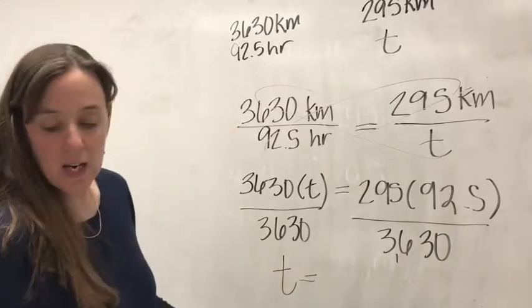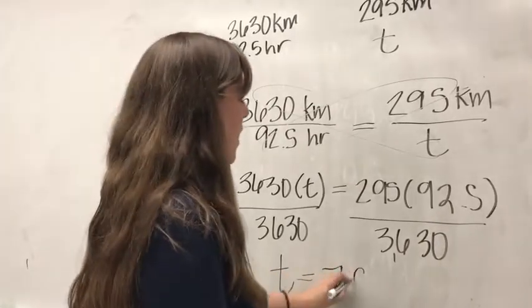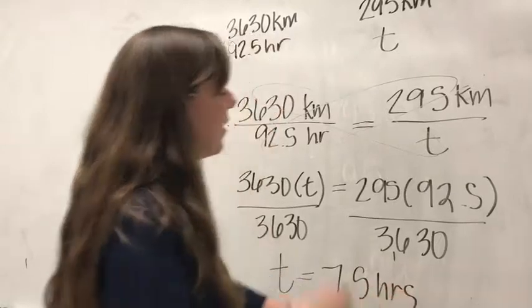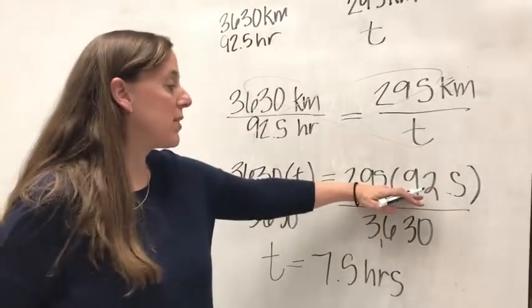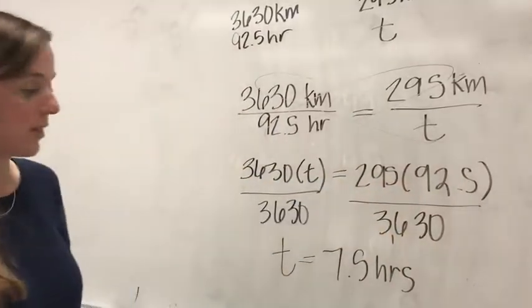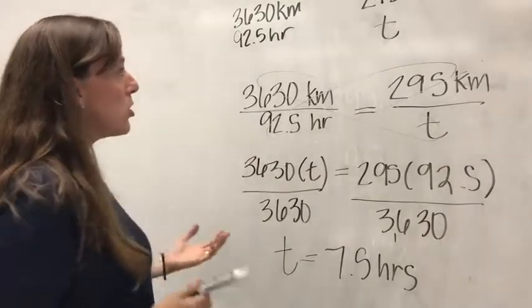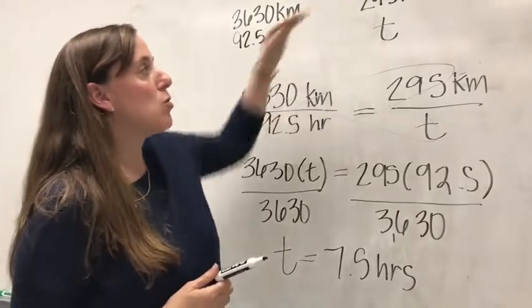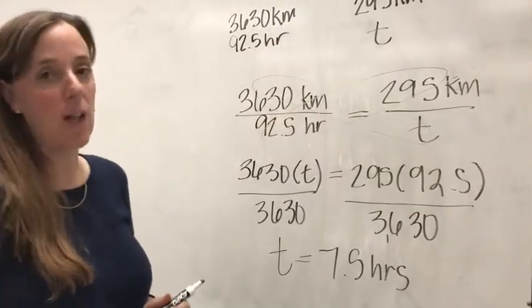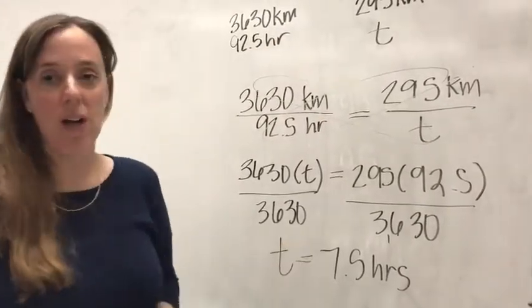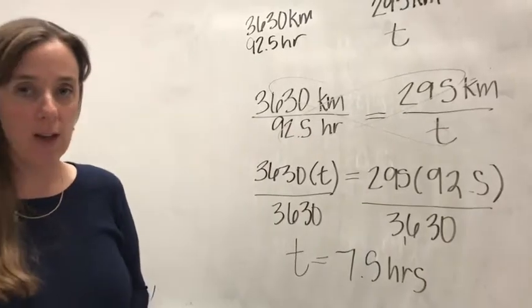So t is going to equal about 7.5 hours when you multiply this together and divide by 3,630. Okay, so the answer to how long would it take him to go 295 kilometers is 7.5 hours. Okay.